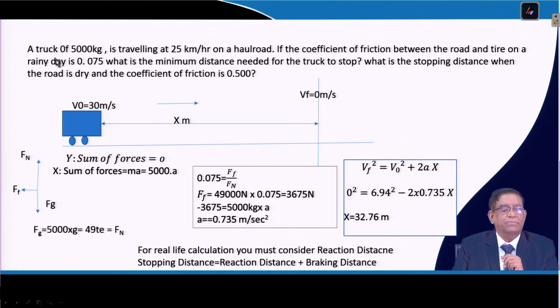Sometimes a problem can be, say, you have a 5000 kg truck travelling at 25 km per hour on a haul road. If the coefficient of friction between the road and the tire is given as 0.75, then what will be the minimum distance? Now, in the initial discussions you can think that the brake has been applied over here, but sometimes you consider a reaction time.